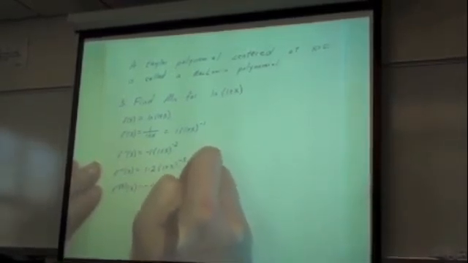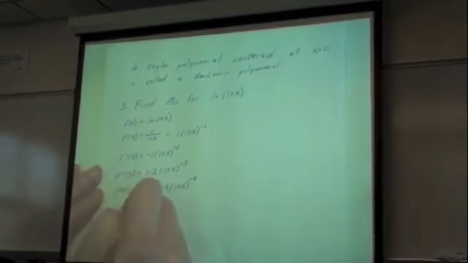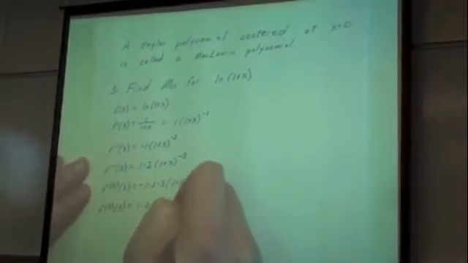I'm choosing not to put a negative 6, and instead write it as that. 1 plus x to the negative 4. I'll do one last one. The fifth derivative. You'd say, well, the negative 4 would come down in front. That makes it positive. I would have a positive 1 times 2 times 3 times 4 times the group 1 plus x to the negative 5.